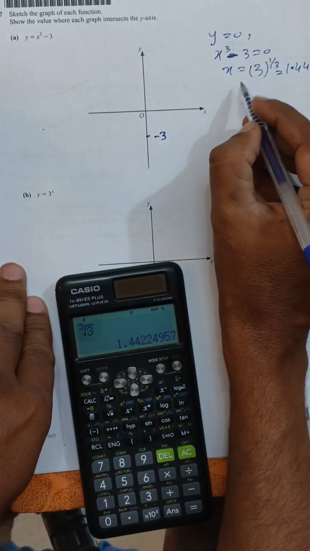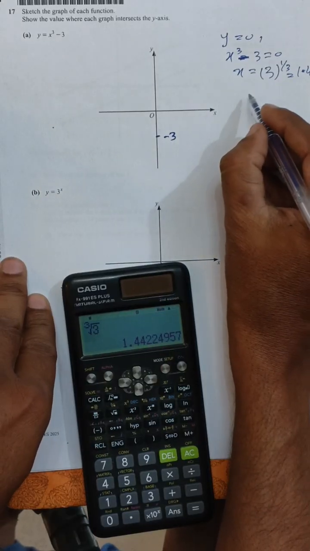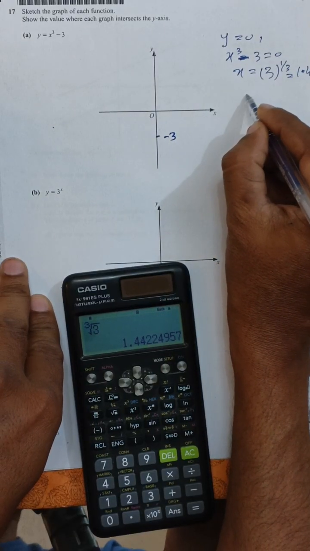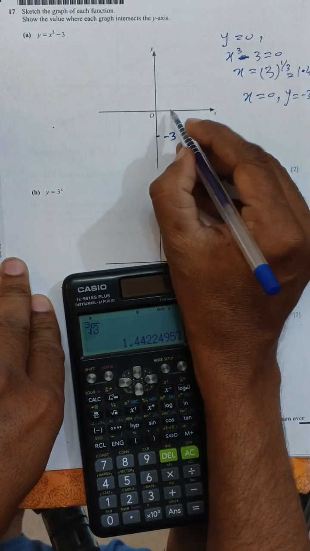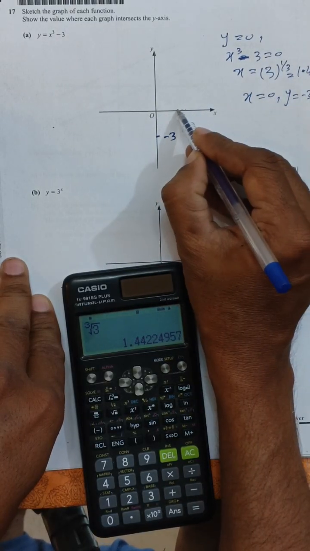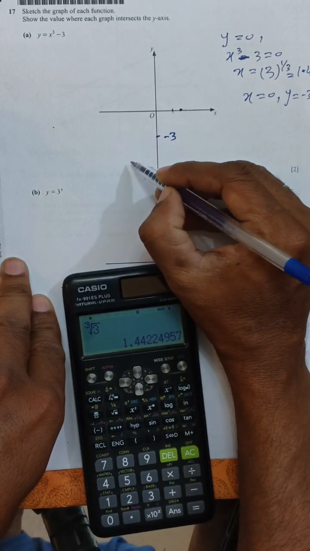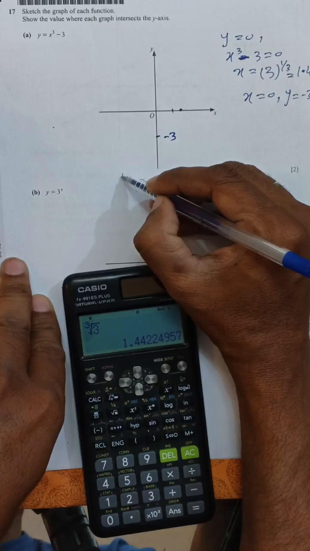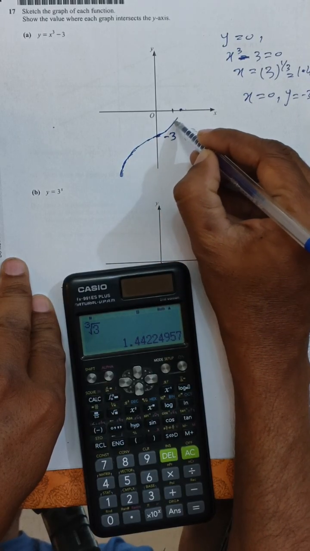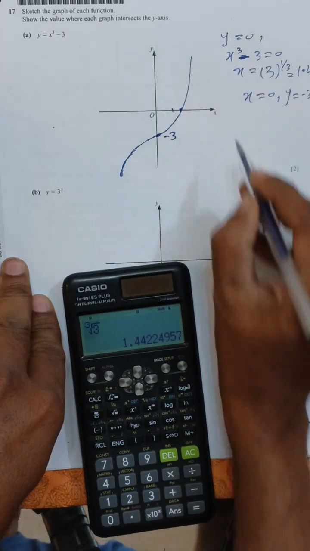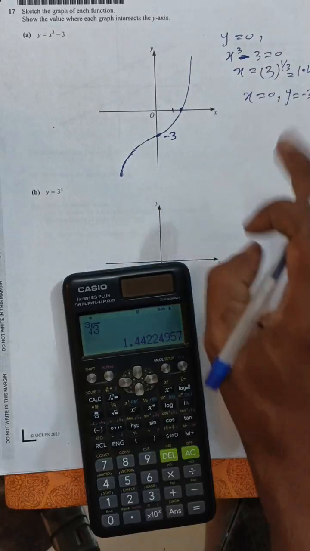Clear? So similarly, when the value of x equal to 0, y equal to -3. So now x equal to 1, this is 1, and this is, for example, 1.44. So you will have this kind of curve, because we have decided the cubical function like this one in the previous case.